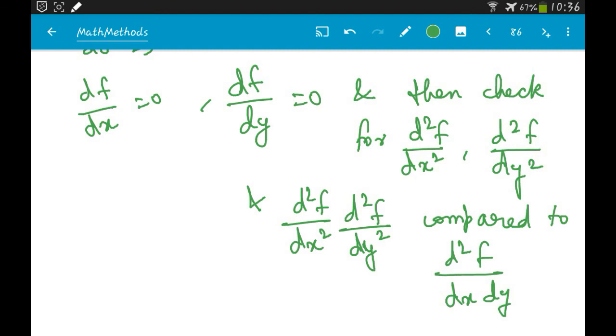So in a similar manner you can follow everything.